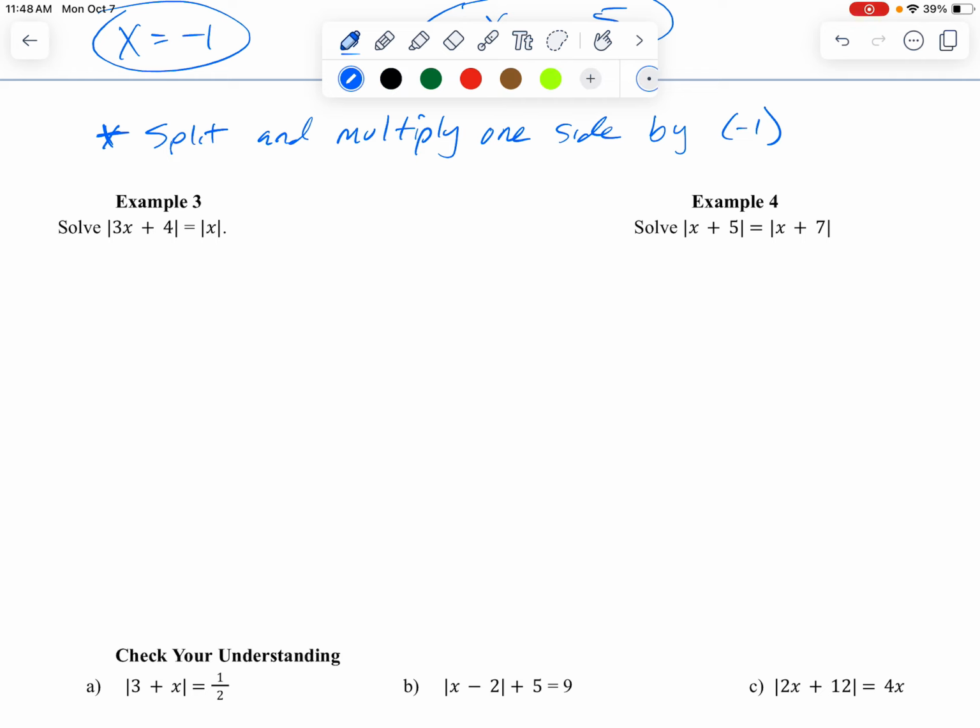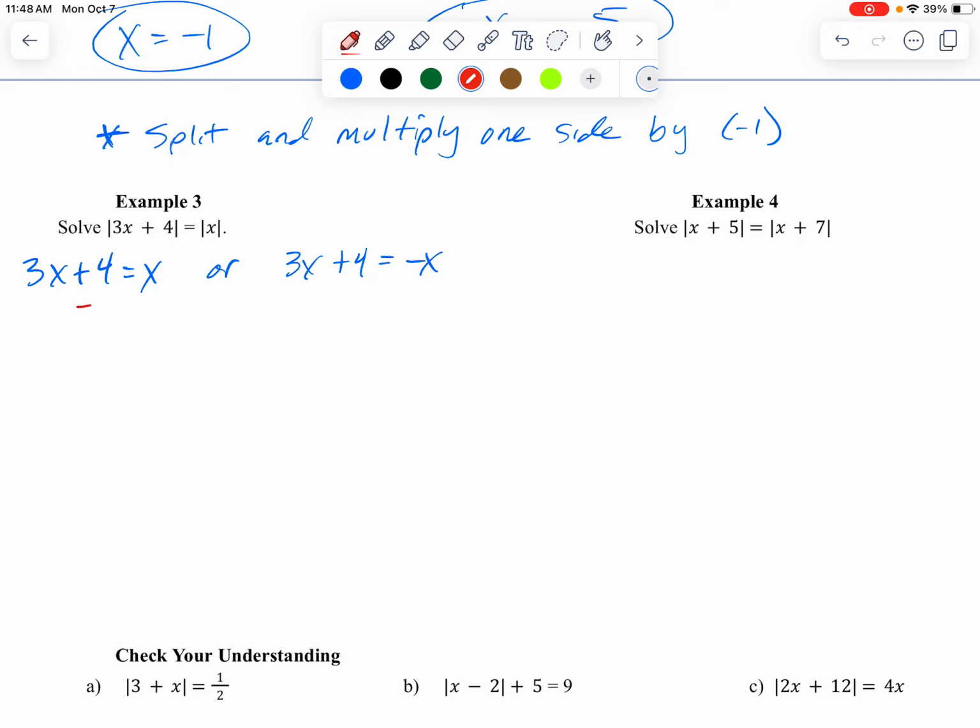So I'm going to split this up. So I've got 3x plus 4 equals x. So I'm just taking away both absolute values. Or 3x plus 4 equals -x. And then I'm going to solve both of these equations.